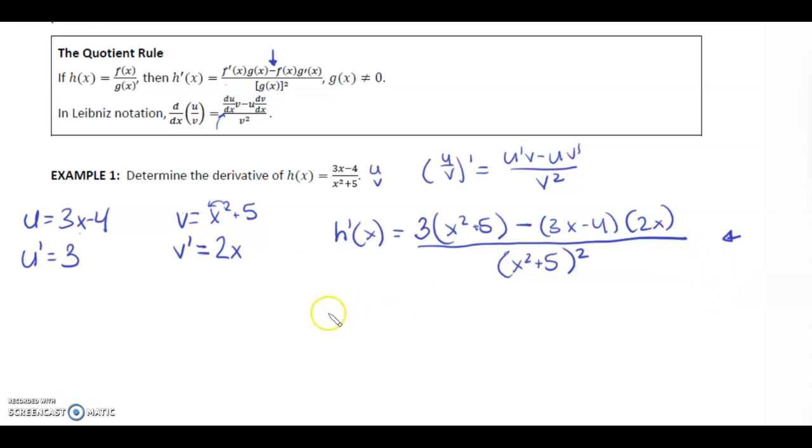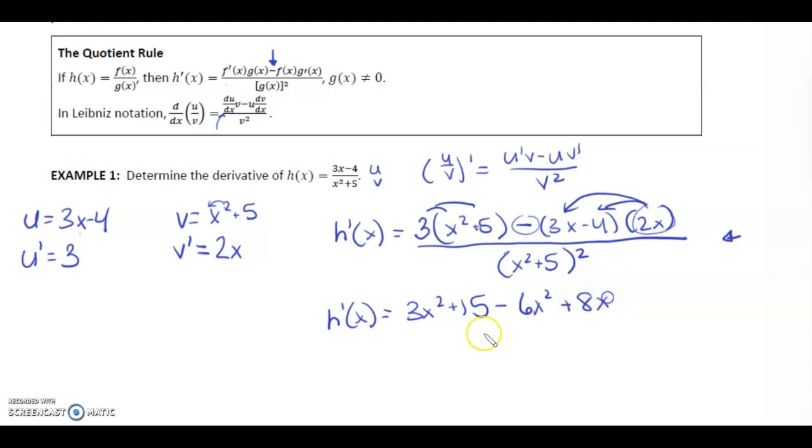That's it. If you wanted to simplify this a little bit more, we can distribute the 3 into the bracket to get 3x squared plus 15. And we can distribute the negative 2x into the bracket. Negative 2x times 3x is negative 6x squared, and negative 2x times negative 4 is positive 8x.